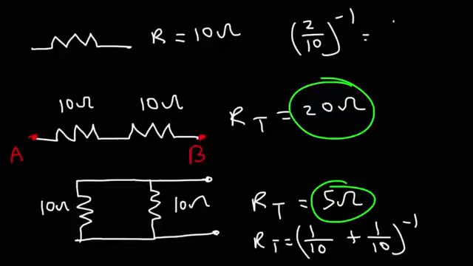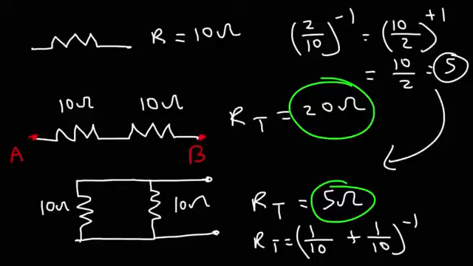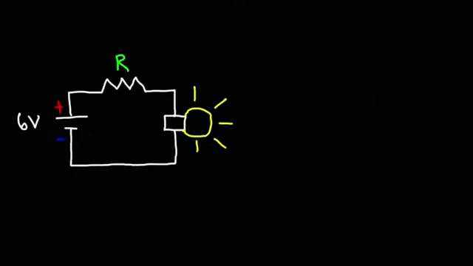If you flip the fraction, the exponent will change sign. It will change from being negative 1 to positive 1. 10 over 2 to the first power is simply 10 over 2, and 10 divided by 2 is 5. And so anytime you connect 2 identical resistors in parallel, the total resistance will be half of their respective values.